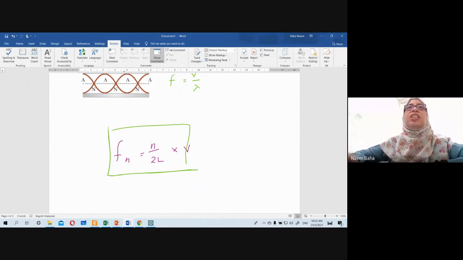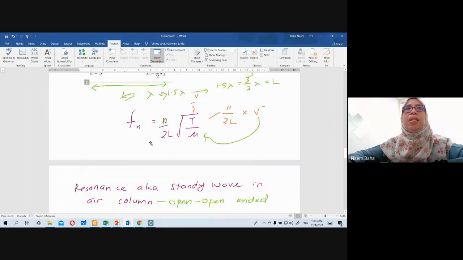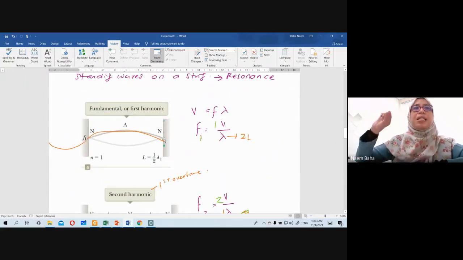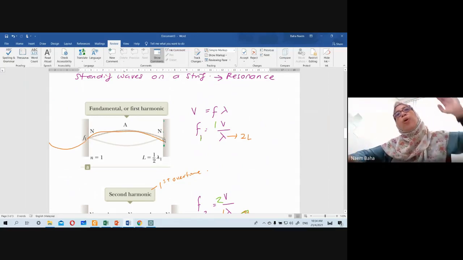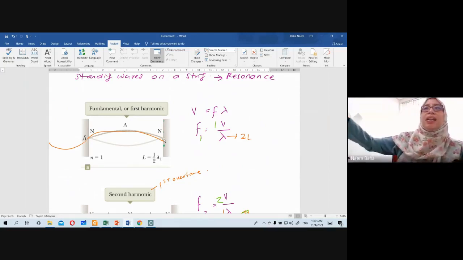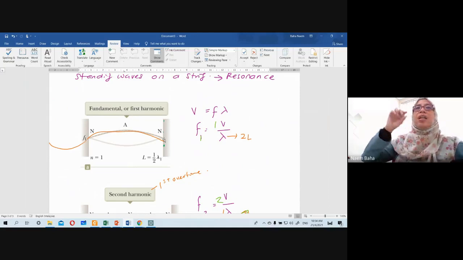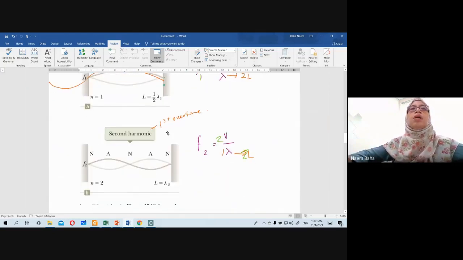If you remember earlier, at the fixed end there must be nodes. The reason is that when the wave reaches there, it gets reflected and the shape at the end resembles as if there is no amplitude, and we call that position a node.